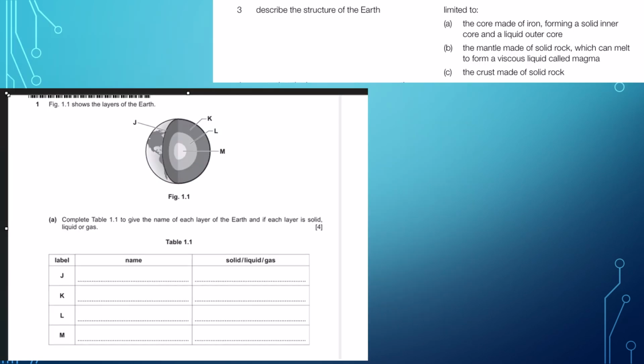Okay, so let's have a look at the first question here. It's a 4-point question where you simply have to give the names of each layer of the Earth and state if each layer is solid, liquid, or gas. So let's have a look at that. We start out here. First layer is the crust.